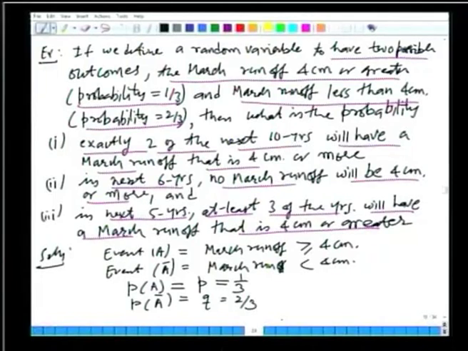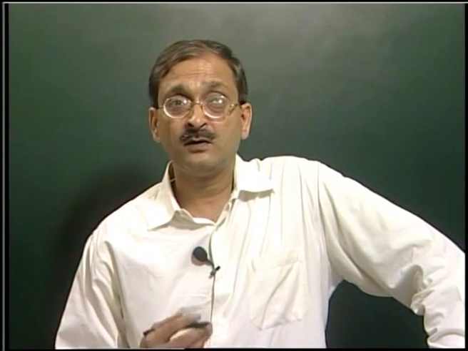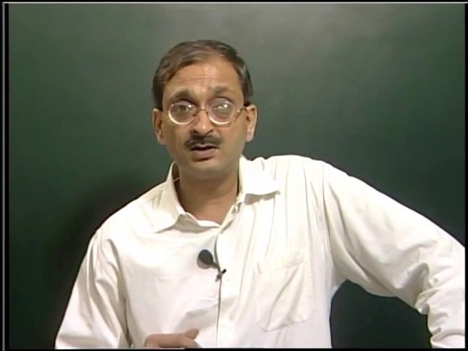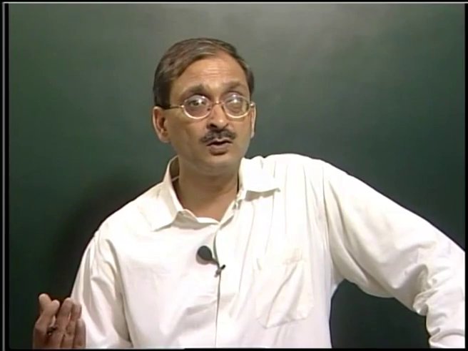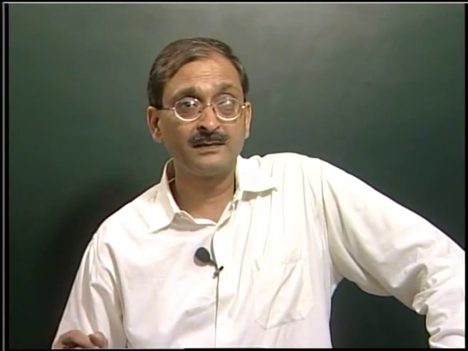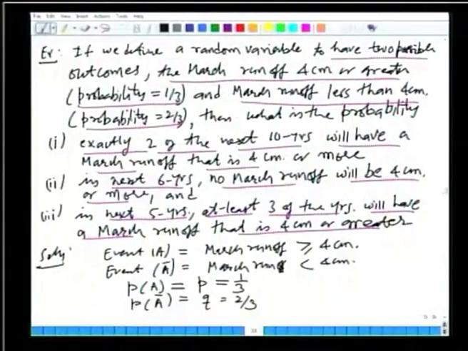Okay. And how do we solve that? We have seen that the expression for at least once, all right. What was the expression for at least once, which was one of the corollaries of the binomial distribution? At least once, the probability of at least once is equal to what? 1 minus q to the power n. But here we have at least 3 of the next 5 years will have that particular event A occurring. Okay.